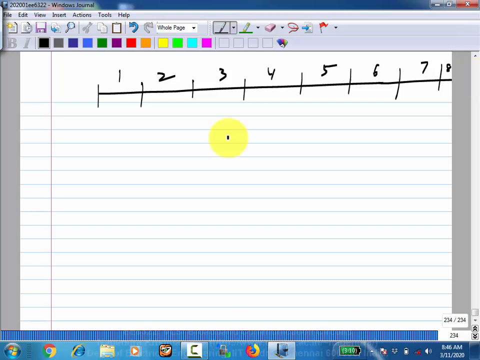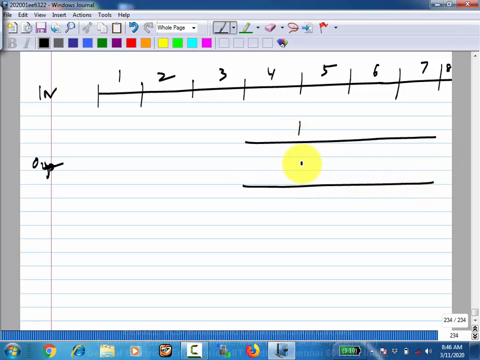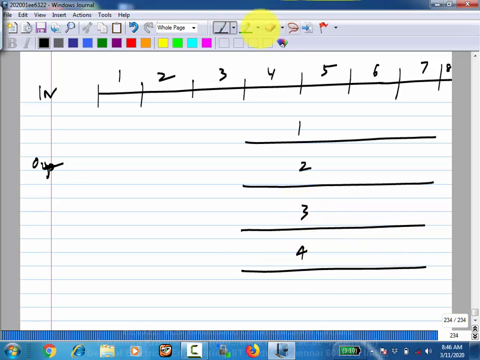This is the input, and the output should be 4 streams: 1, then 2, then 3, then 4. Now if you have to line them up like this, you have to wait for the 4th one to come before you line up. So for the first one, there is at least a delay of 3 cycles. The more you deserialize, the more parallel streams you have, the more delay you have.